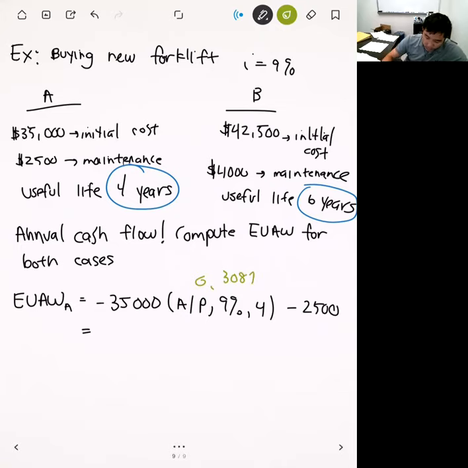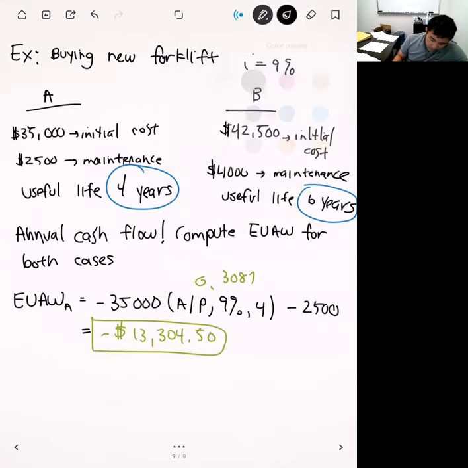If we input this into our calculator, we're going to do minus 35,000 times 0.3087 minus 2,500. And so this gives us an EUAW of minus $13,304.50. That's the EUAW of A.